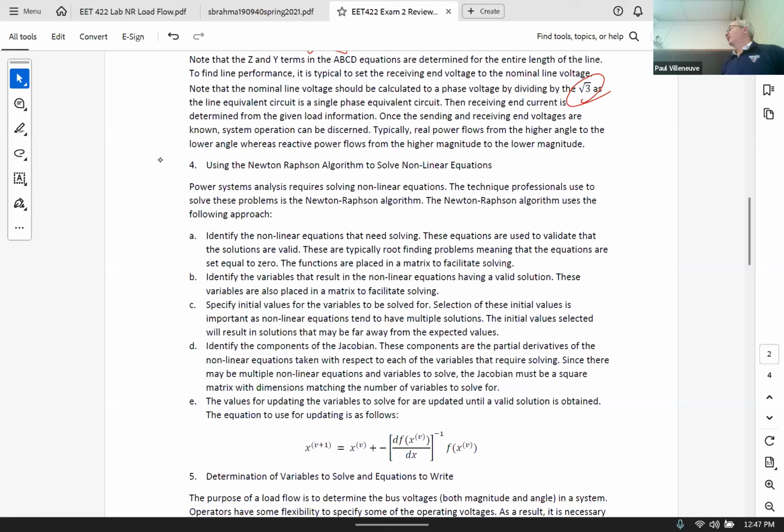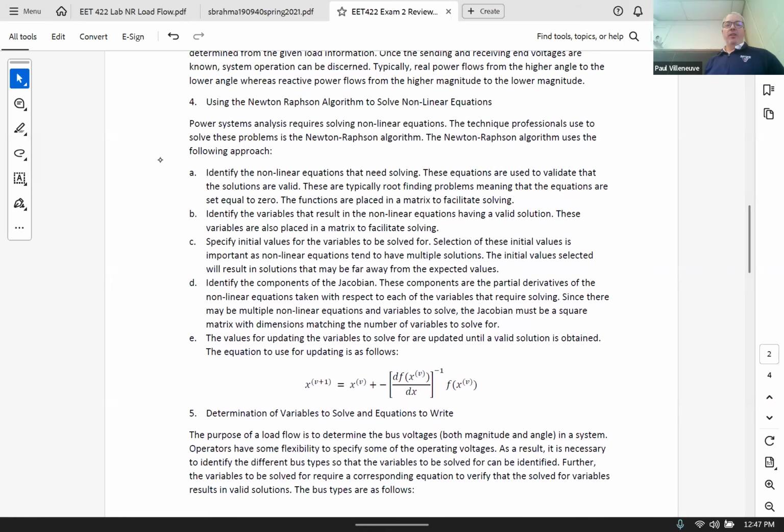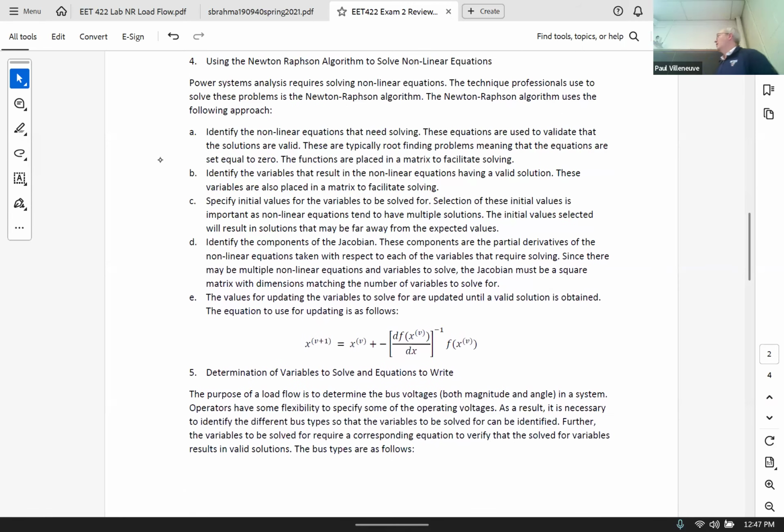Then the next step, just as in the plain old Newton-Raphson algorithm, not necessarily specific to load flow or power flow, is that we've got to pick a starting point, our initial guess for our variables.